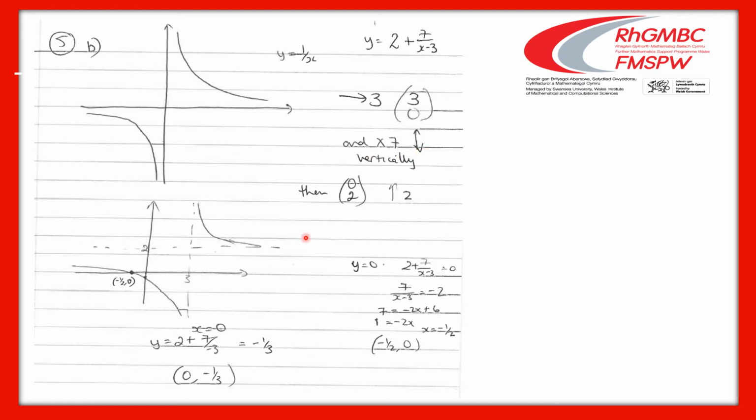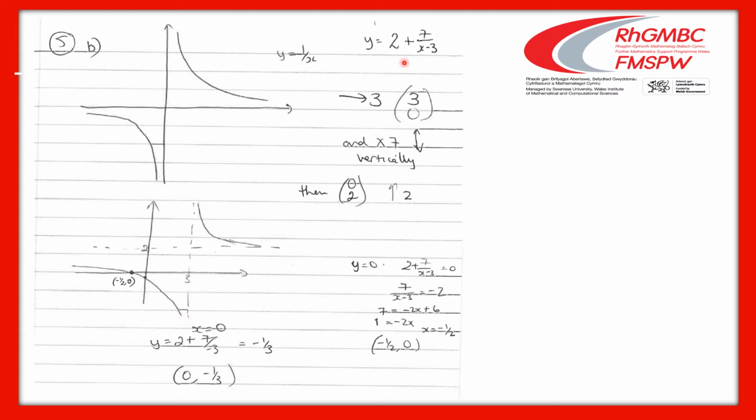So altogether we have a shift of 3 to the right, which moves the asymptote, which is the y-axis, 3 to the right, and that also fits in with the idea of when x - 3 = 0, the denominator sees the graph go off to plus or minus infinity when x = 3.